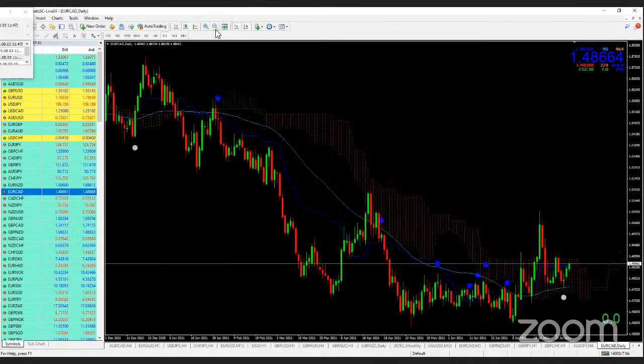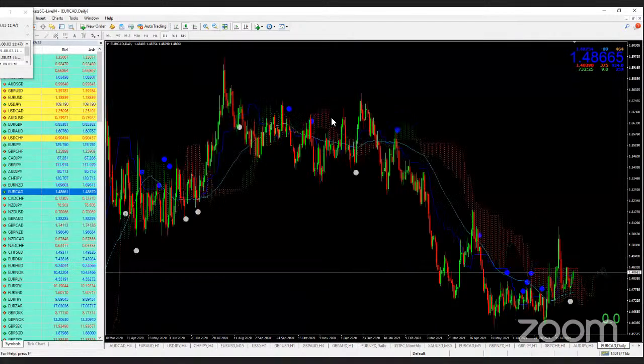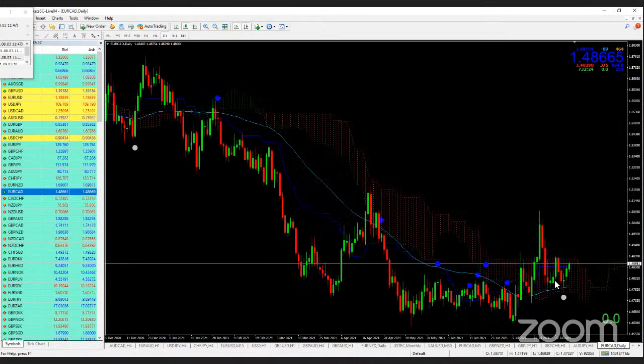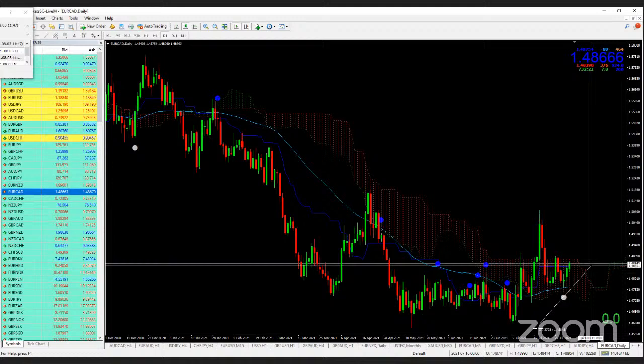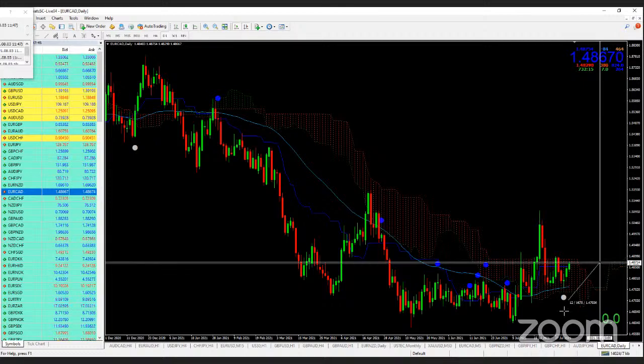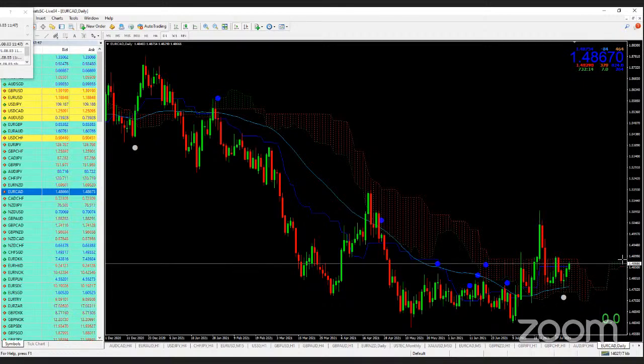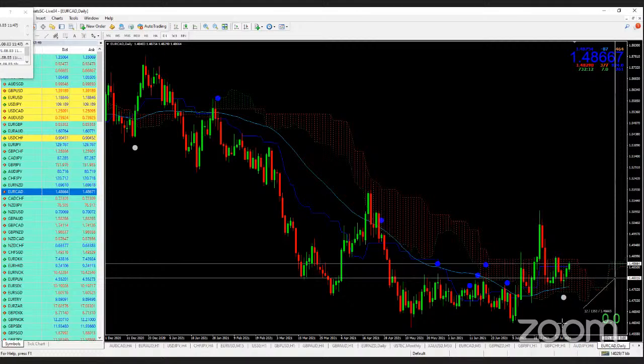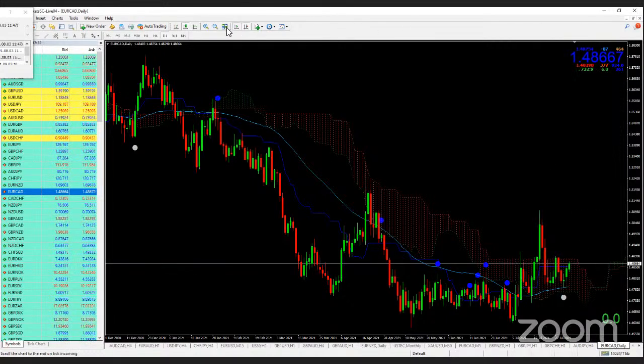Let's zoom out. Okay, this one looks like it wants to move some more.